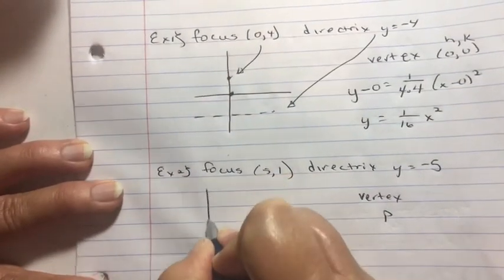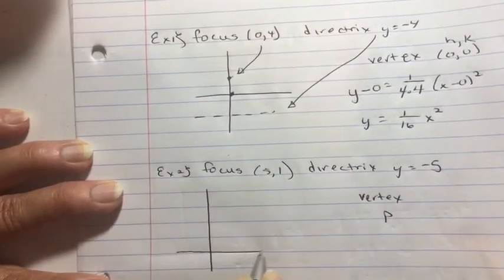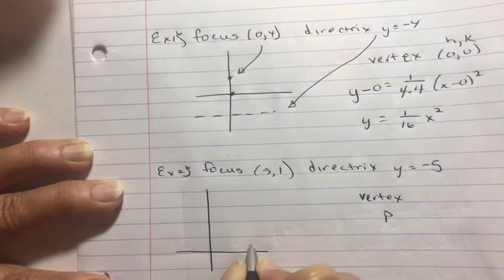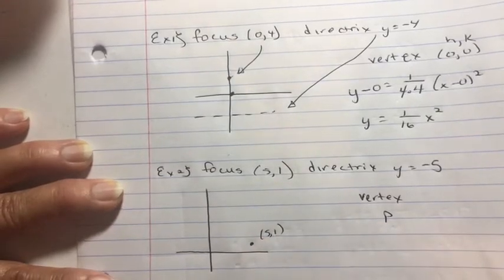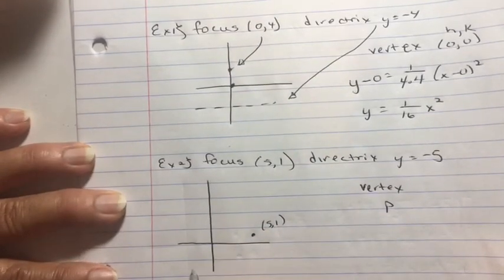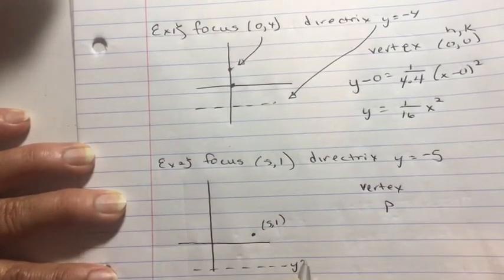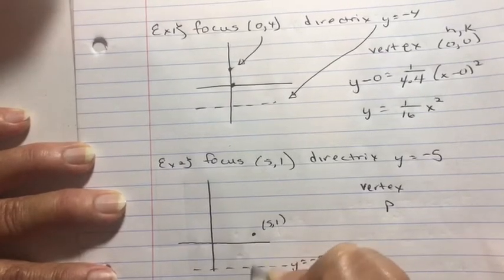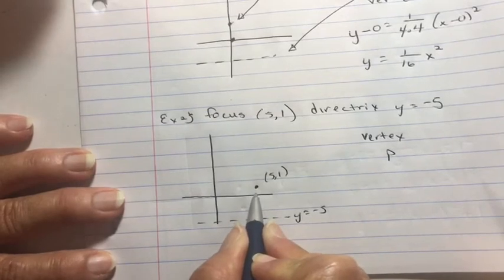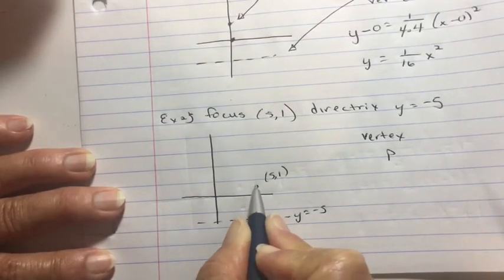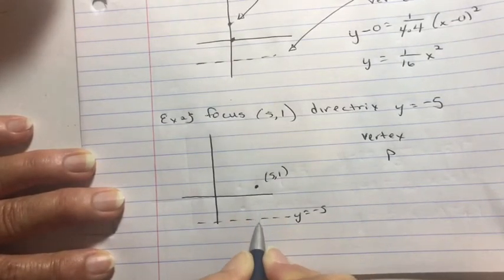Okay, doing a real quick sketch. To me, this always helps out. (5, 1) would be right here. That's the focus. And then the directrix of y equals negative 5 would be down here. The vertex is halfway between. So this is 1 unit up and 5 units down. In other words, 6 units.